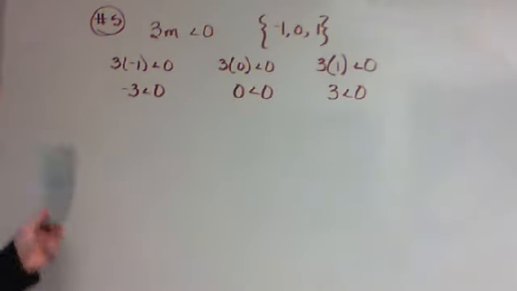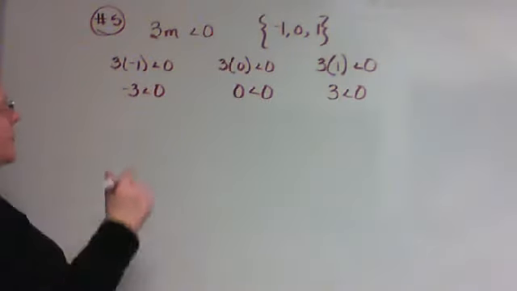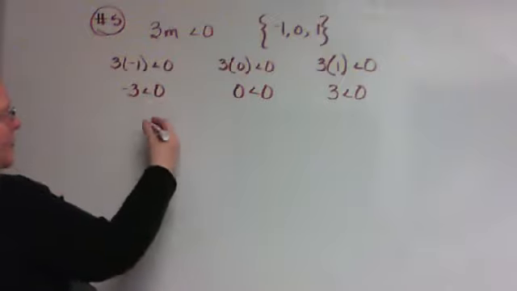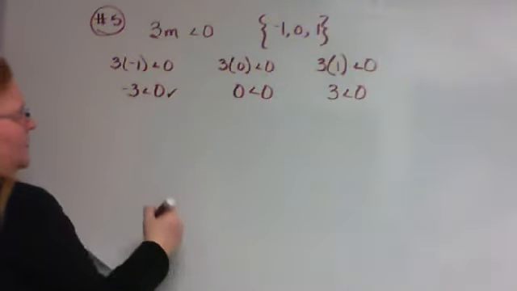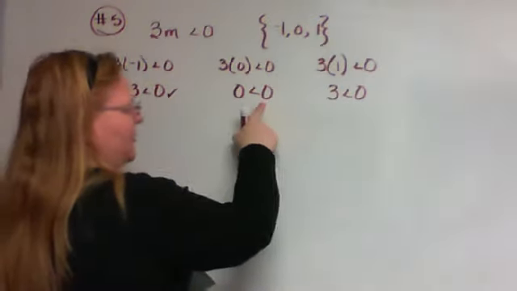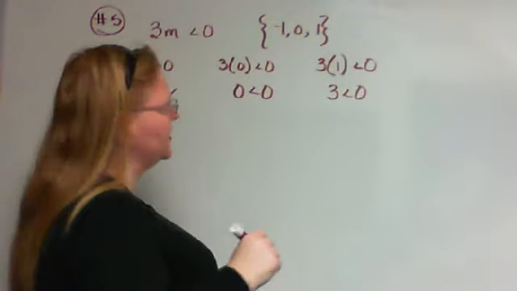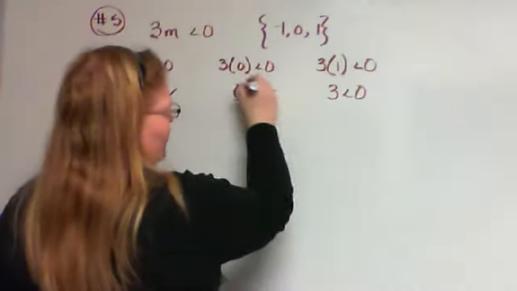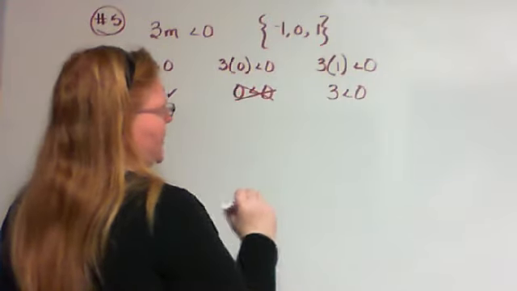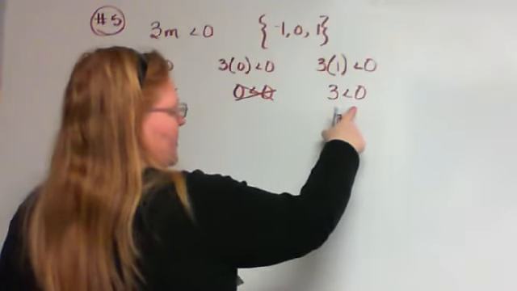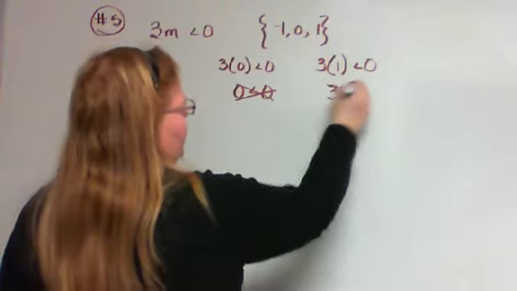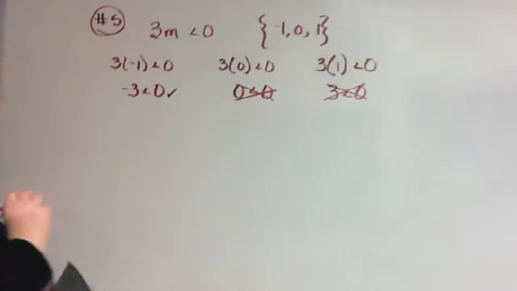Now the question is, are any of these statements true? Is -3 less than 0? Yes. So that one's good. Is 0 less than 0? Well, 0 equals 0, but it's not less than 0. So that one doesn't work. So is 3 less than 0? No, 3 isn't less than 0 either. So that one doesn't work.